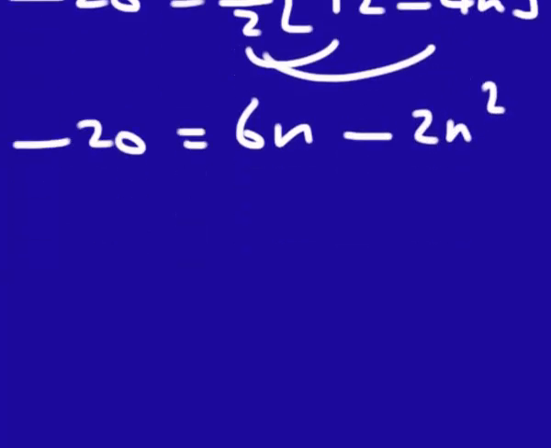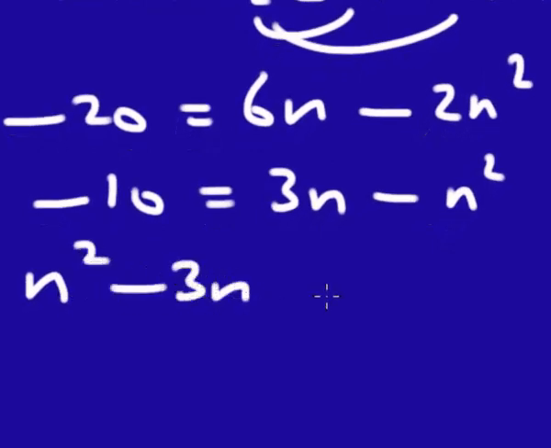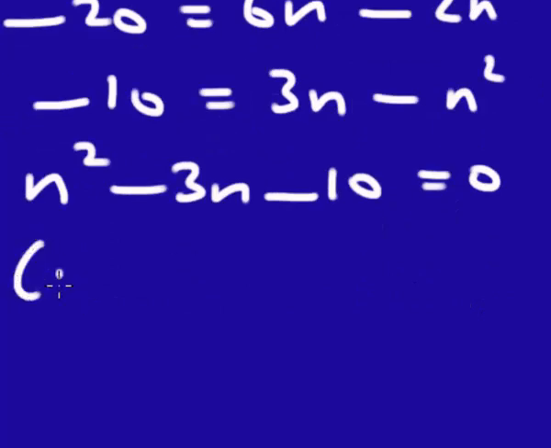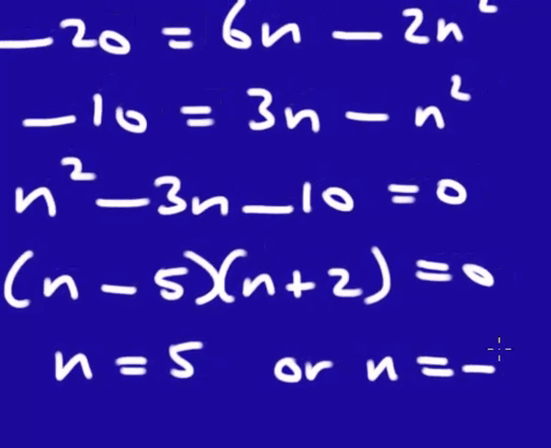There's a common factor of 2, so let's divide everybody by the 2, and we get that. So let's make a trinomial. n squared minus 3n minus 10 is 0. Now look at this. This can factorize into n minus 5, n plus 2 is 0. So n is equal to 5, or n is equal to negative 2.